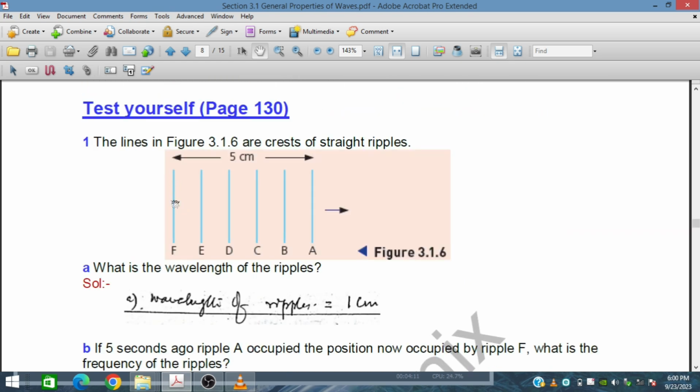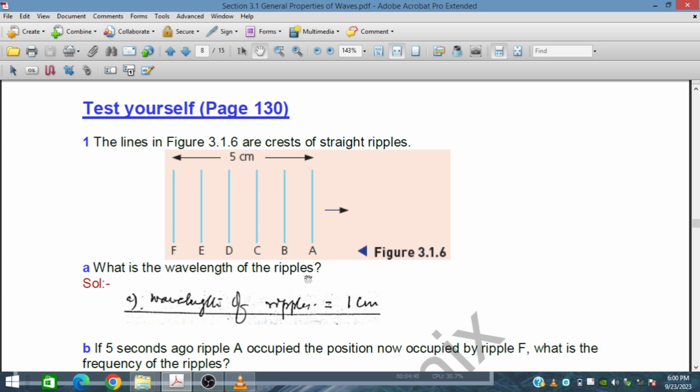A few seconds ago this A was here, and it passes and reaches this point. This is 5 centimeters, and from this crest to this is 1, to this 2, to this 3, to this 4, to this 5. So this is showing basically 5 wavelengths.